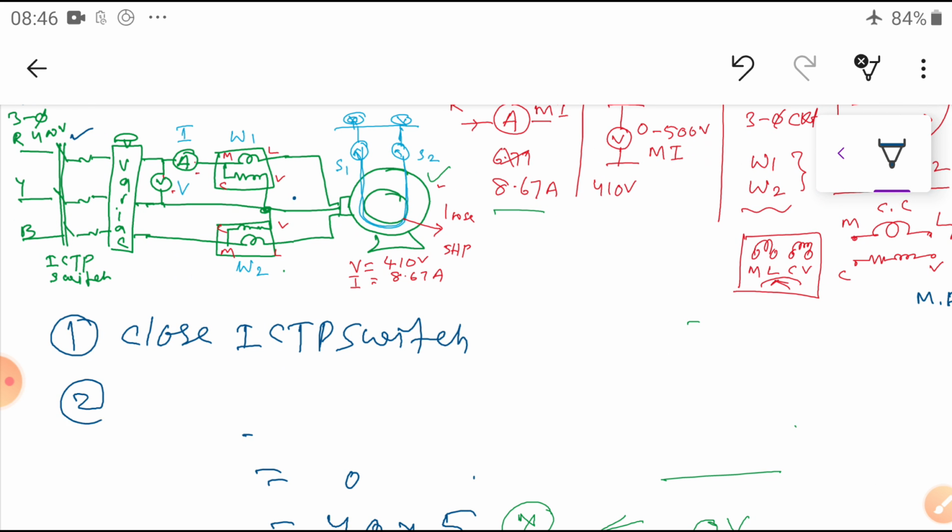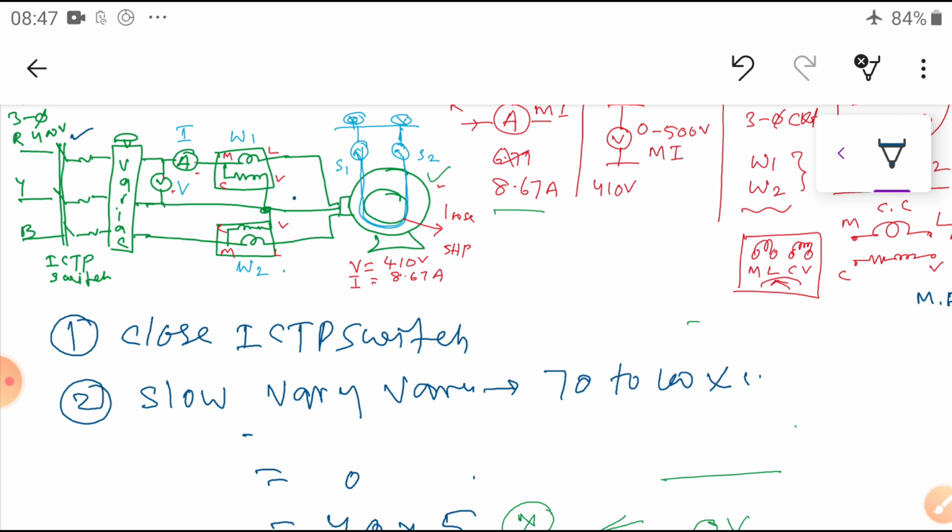Then second, slowly vary the three-phase variac in such a way that it gives nearly 70 to 100 volts initially. Then the rotor will slowly start rotating.